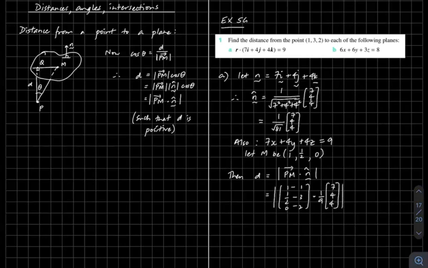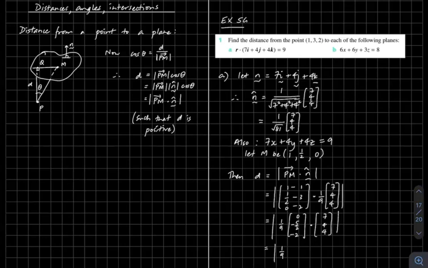So then we can take out the factor of 1/9 and say, what is it, the dot product of 0, half take away 3 is negative 5 on 2, 0 minus 2 is negative 2, so dot product of that with 7, 4, 4. And what do we get there? Magnitude of 1/9.